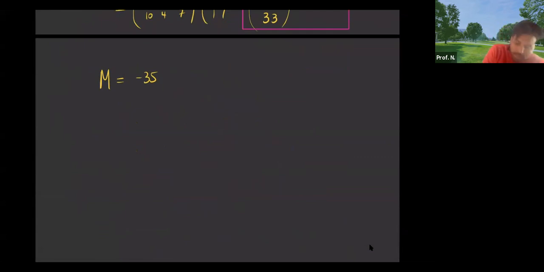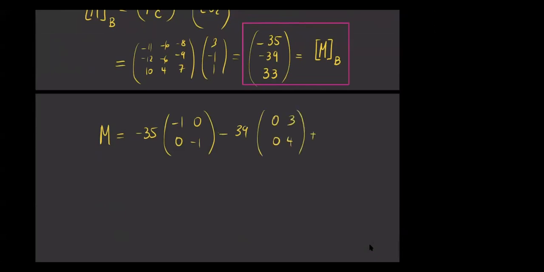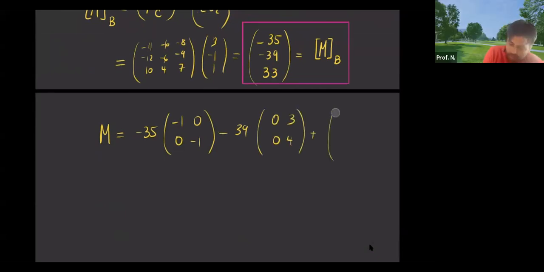The first matrix in B was -1, 0, 0, -1. And then I would have -39 of the second matrix, which is 0, 3, 0, 4. And then I would have 33 of the final matrix, which is -1, 4, 0, 4.